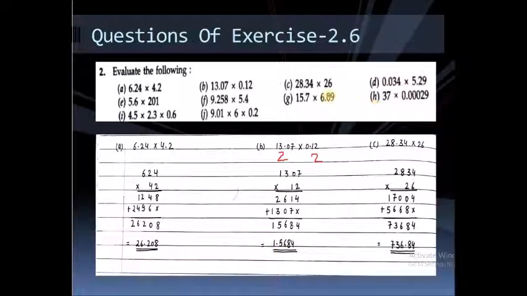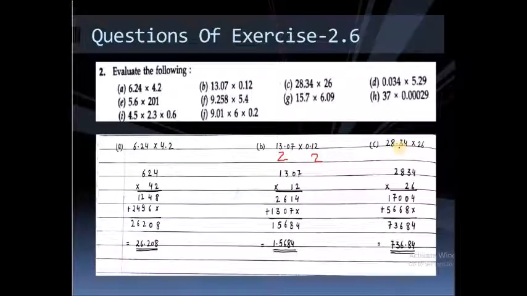Okay. In part C also you can see one number is a decimal number and another one is a whole number. So ignore its decimal point for once and multiply like ordinary numbers. You will get the product, and in the product you can see I have only two decimal places.